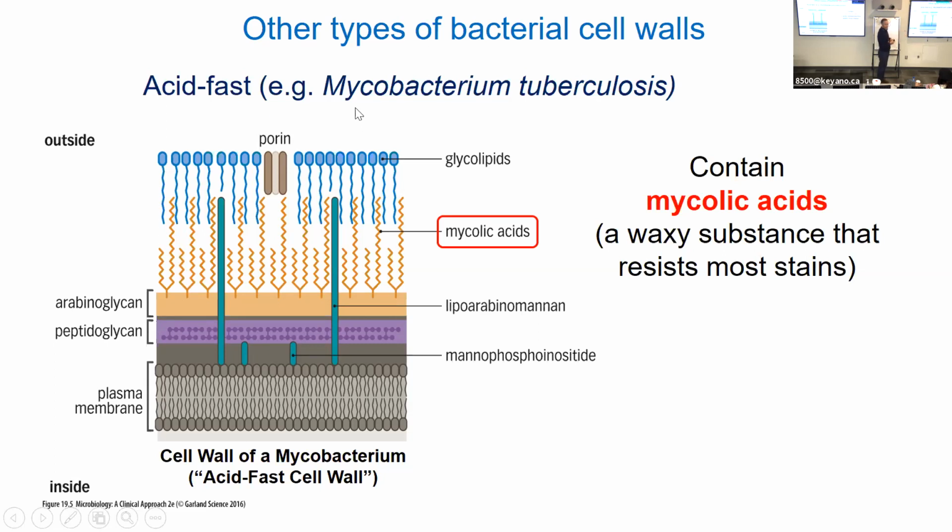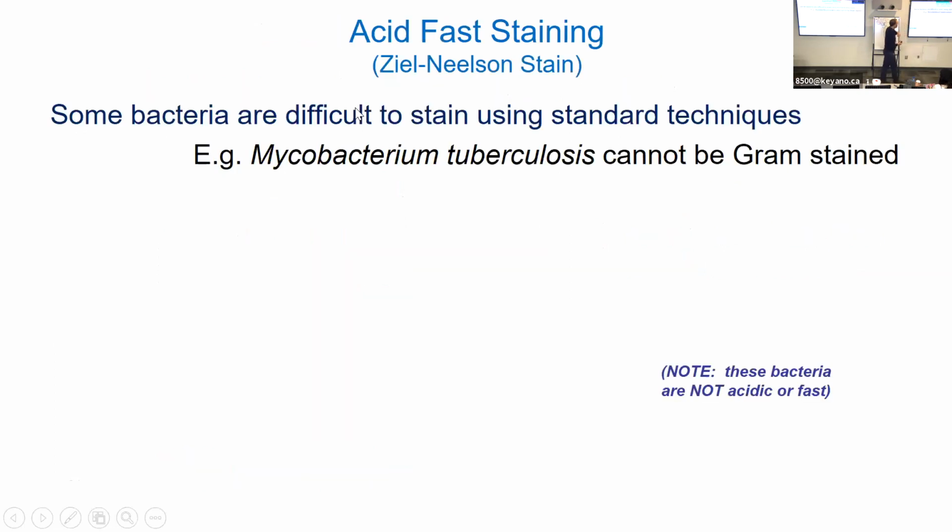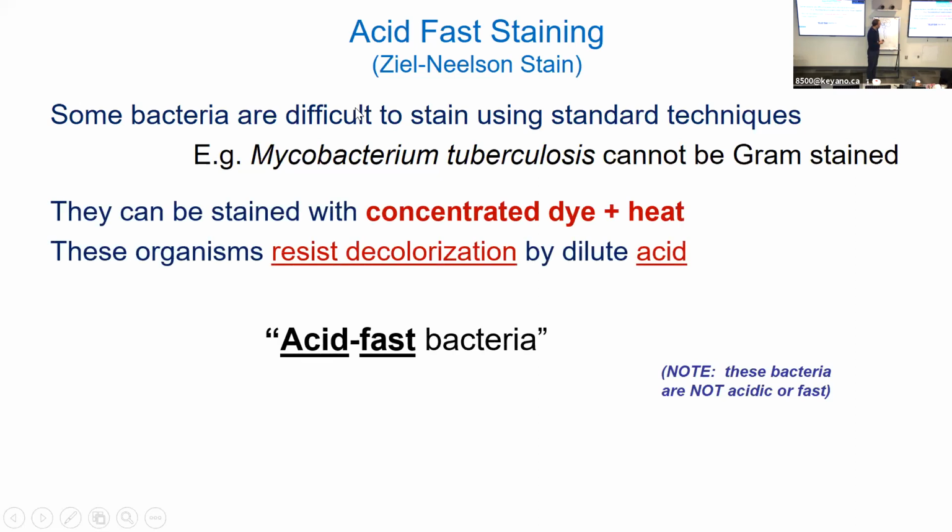So we actually have a different stain for these, and it goes by a couple of names. Most people I know call it the acid-fast stain, and it's also called Ziehl-Neelsen staining, which I think are two scientists that developed the stain. This particular name has to do with the staining process.